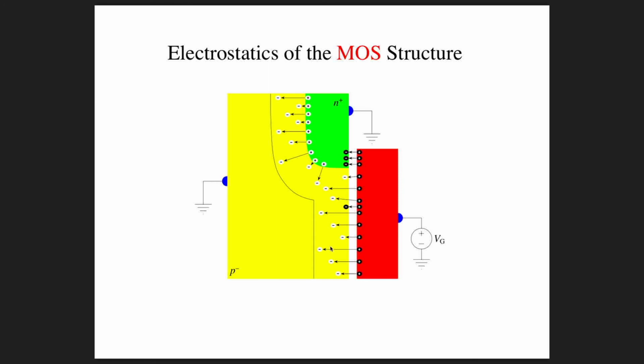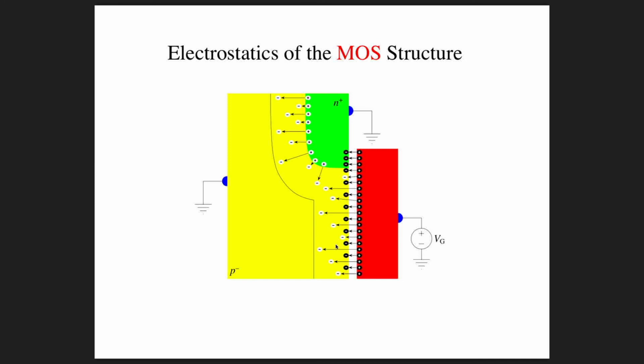Then, once we get up to threshold, beyond that point we're above threshold, and the number of mobile charges here, let's say per unit area, in the channel winds up being potentially in excess of the number of ionized acceptors in the depletion region per unit area.